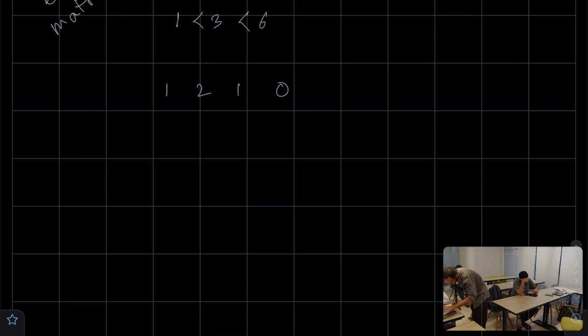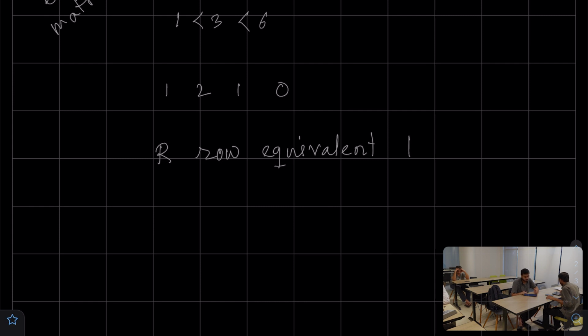It says that for A there is an invertible 3 cross 3 matrix P such that R equals PA. So you have to show that after performing all these elementary row operations, you get a matrix R which is row equivalent to the matrix A, right?